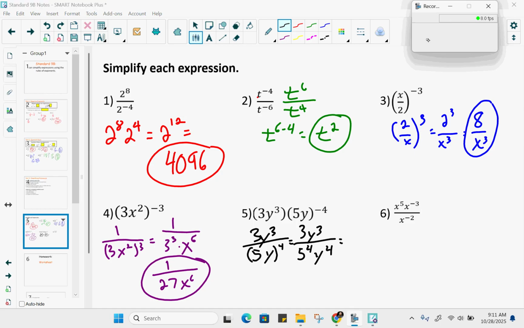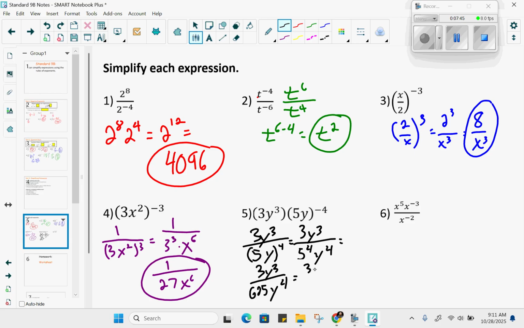That's going to get 3y to the third over 625 y to the 4th. 3 and 625 don't reduce, but I can subtract here to get the y's. So I'm going to have 3 y to the negative 1 over 625, and then I'm going to move that negative back to the bottom. So I'm going to have 3 over 625 times y.